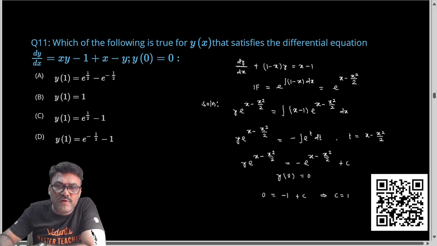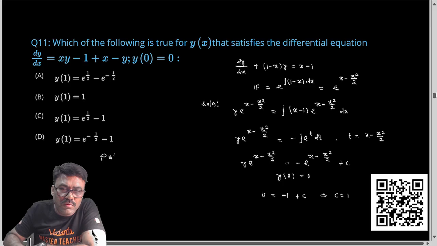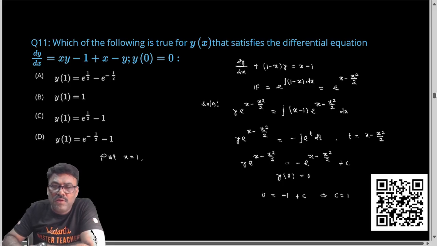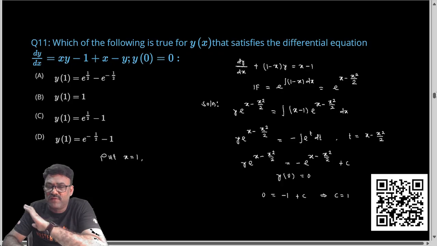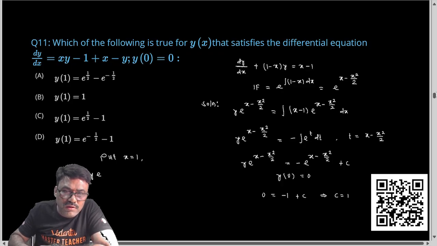Now if you put x equal to 1, because you need y(1), the value of y when x is 1, I am getting y e raised to half minus e raised to half, and c is 1, so plus 1.